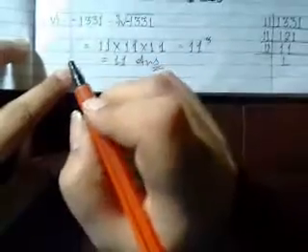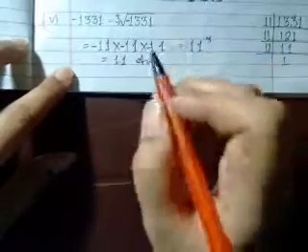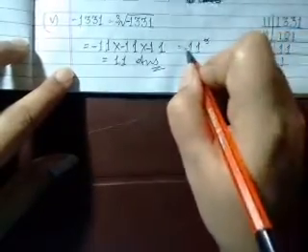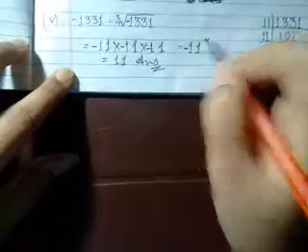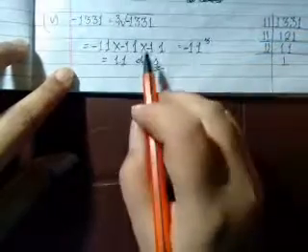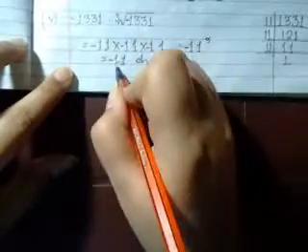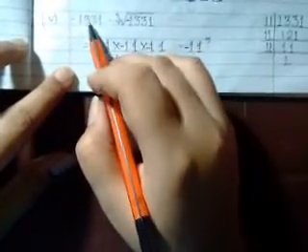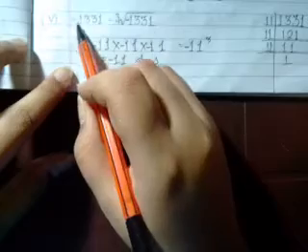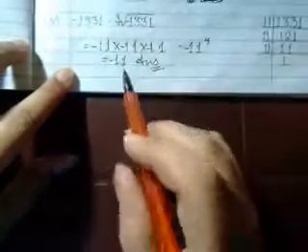So you have to find the cube root of minus 1331. Minus 11 multiplied 3 times, so minus 11 cube means minus 11 multiplied 3 times, so the answer is going to be minus 11. Minus 11 is the cube root of minus 1331, and the cube root of minus 1331 is minus 11.